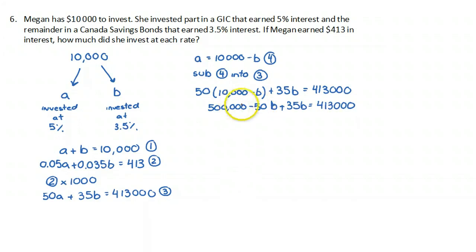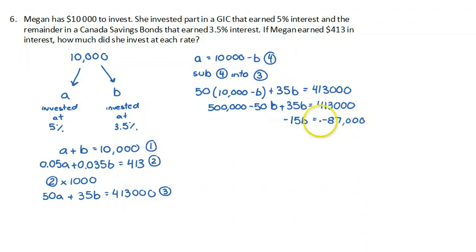Okay, so now let's subtract 500,000 from both sides, and we're going to simplify these. So 35 minus 50 is minus 15B, which is equal to 413,000 minus 500,000. 413,000 minus 500,000 is going to give me negative 87,000.